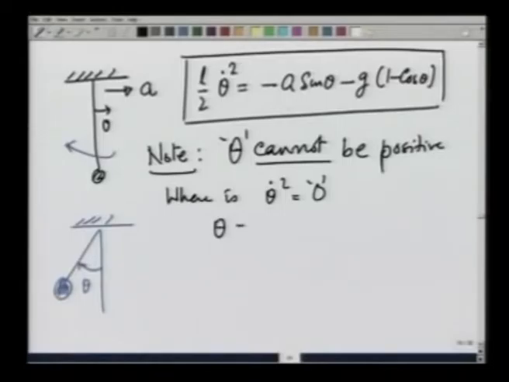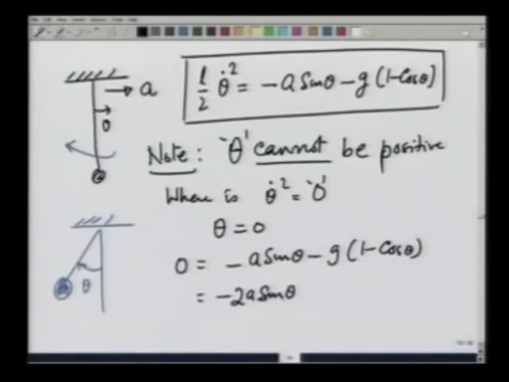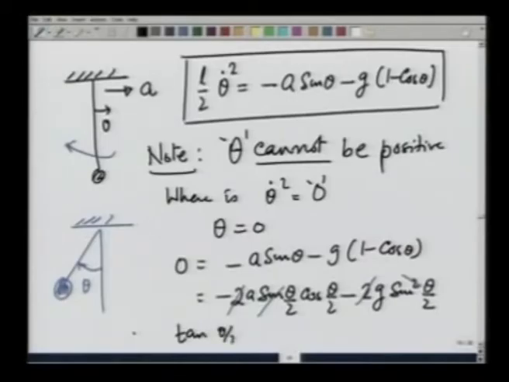One answer, of course, is theta equals 0, which point we started with, and the second point is going to be 0 equals minus a sine theta minus g 1 minus cosine theta, which I can write as minus 2a sine theta by 2 cosine theta by 2 minus 2g sine square theta by 2, and that gives you, okay, let us see, this sine theta by 2, one of them drops out, this 2 drops out, and that gives you tangent of theta by 2 equals minus a over g.